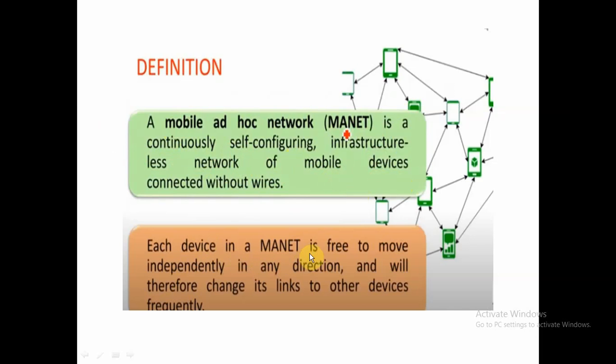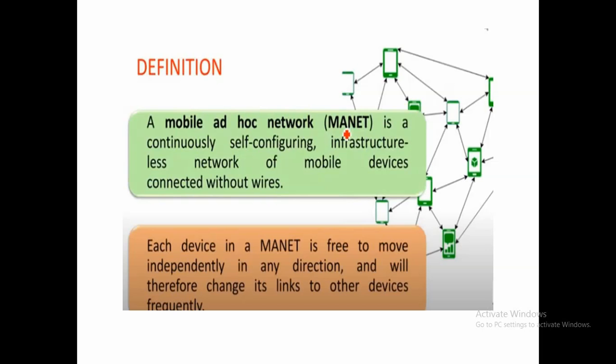Each device is free to move independently in any direction, as also given in the diagram, and will therefore change its links to other devices frequently. Infrastructure is not required here, and these are connected without wires. There is no wire in between; it is wireless communication.